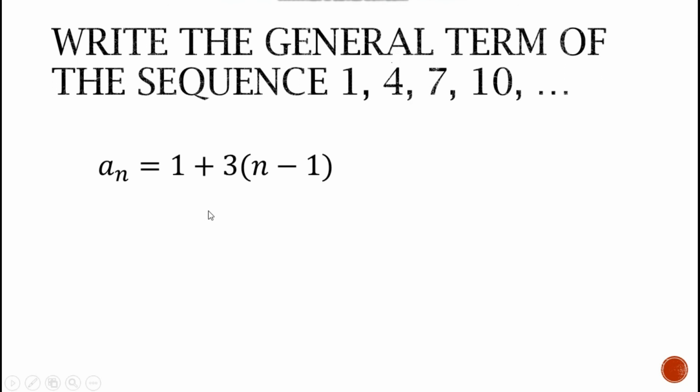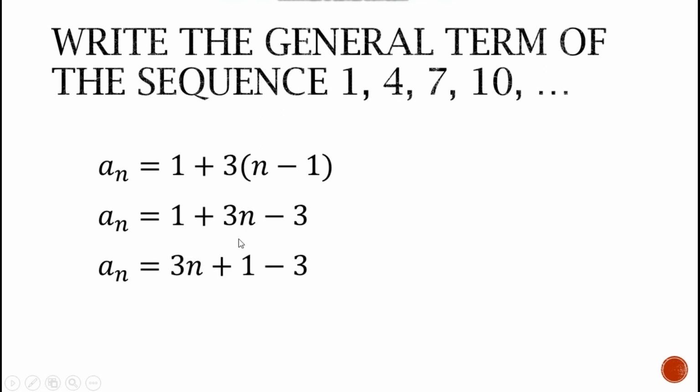So now, we are going to distribute the 3 to the terms inside the parentheses. So that will give us a sub n equals 1 plus 3 times n is 3n, and 3 times negative 1 is negative 3. So by combining similar terms, we have a sub n equals 3n plus 1 minus 3.